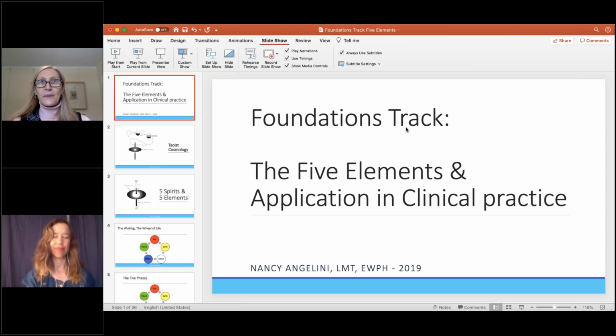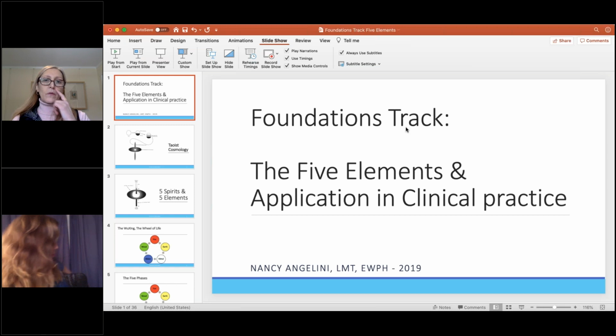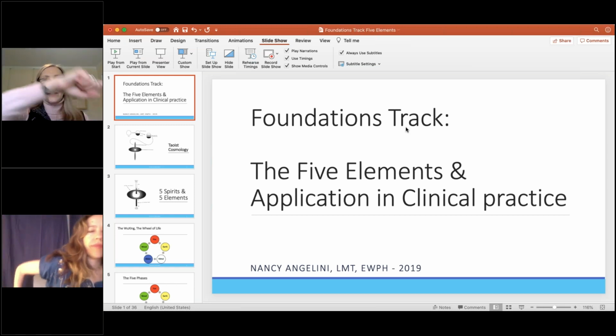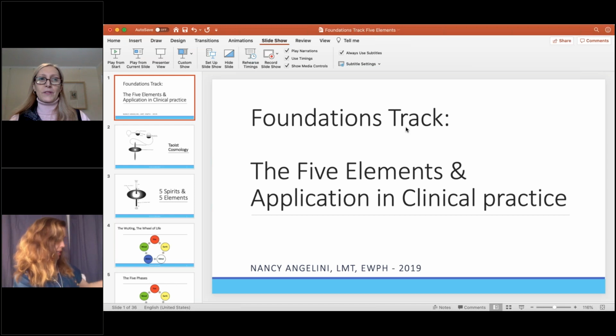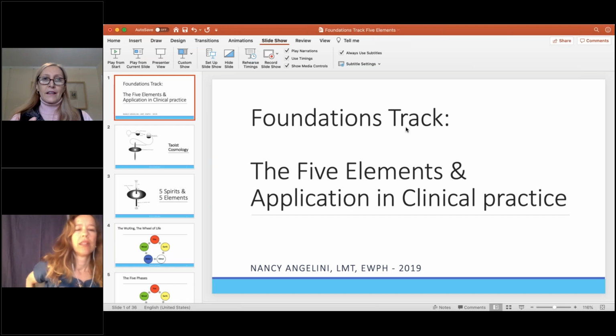Last year when I taught this in person, we all got in a big circle, and in twos, we had each other do five-element analysis, and we just kept going, doing it as fast as you can, like a train, moving to the next person, and then they had a stack of all these five-element assessments, and then we just talked about them.